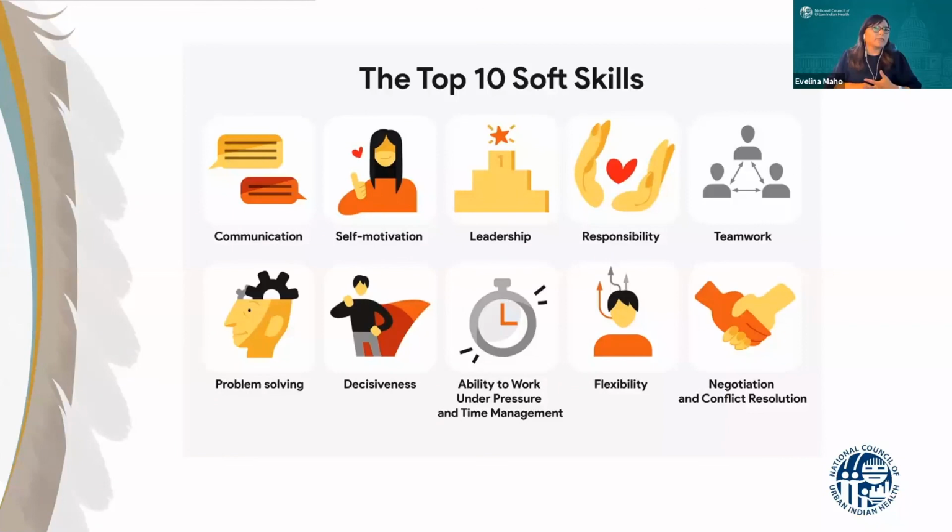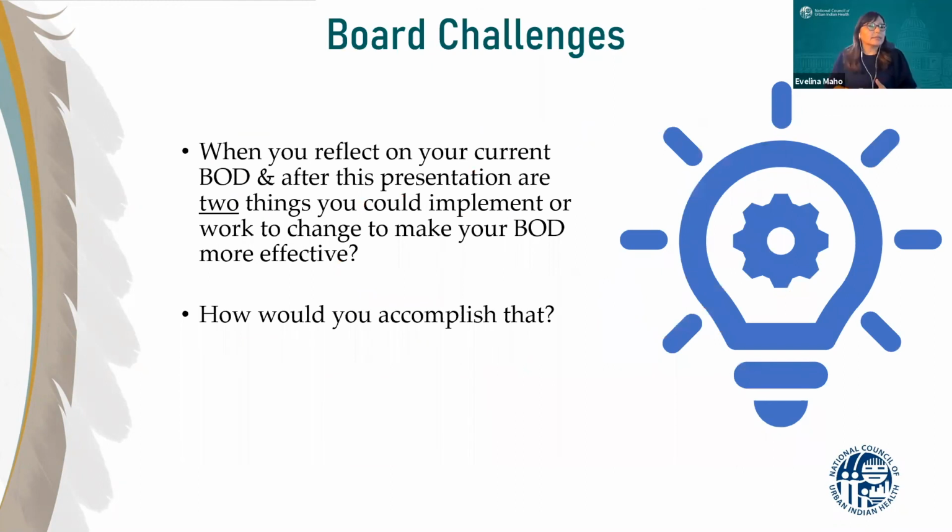Okay, so I believe this might be my last slide. Next slide. So when you reflect back on your current board of directors, and after this experience and after this presentation, I just ask you, what are the 2 things you could implement or work to change as a member of a board of directorship?